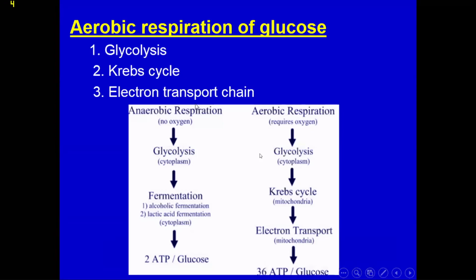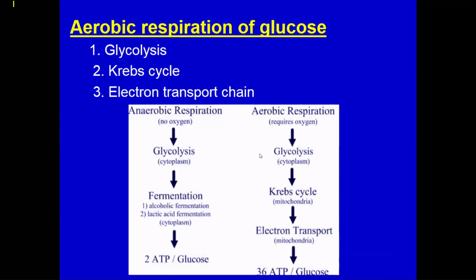Anaerobic respiration, no oxygen, starts with glycolysis also, but goes into fermentation. Examples are alcoholic fermentation and lactic acid fermentation. The energy released from anaerobic respiration will be 2 ATP only from one glucose unit.